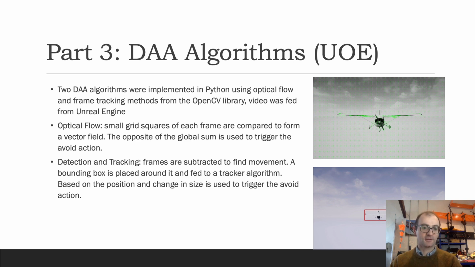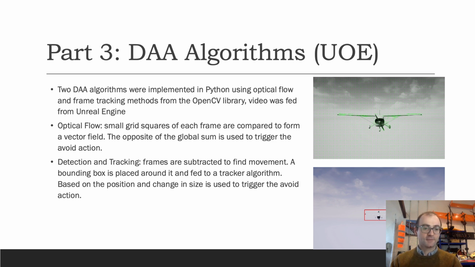This allows you to create an optical flow field that you can see in the top picture there, basically a series of vectors, arrows, looking at how things are moving through the image. The academic work suggested we just use the global sum of this vector field to suggest that there might be something moving towards us, and then to issue the avoid algorithm in obviously the opposite direction.